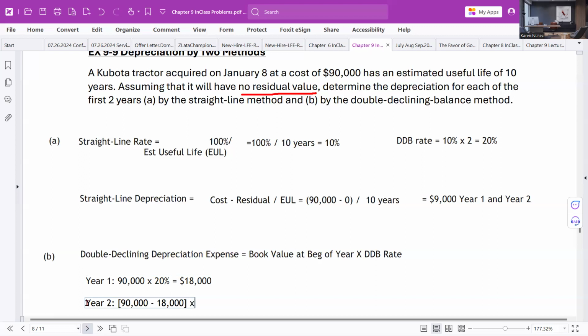And we want to multiply that times the DDB rate of 20%. And what that works out to is 72,000 times the DDB rate of 20%. So what we can say is that depreciation in year two is $14,400.